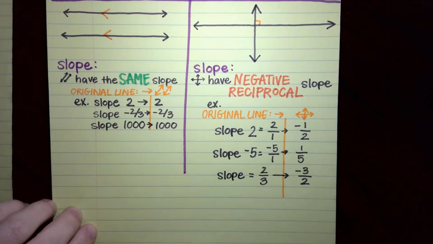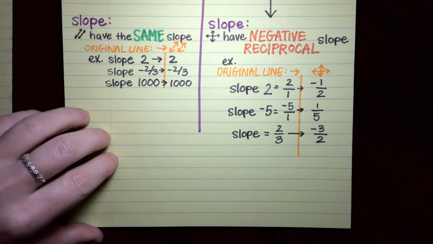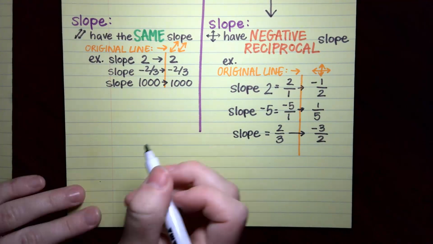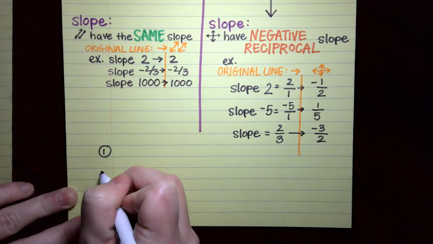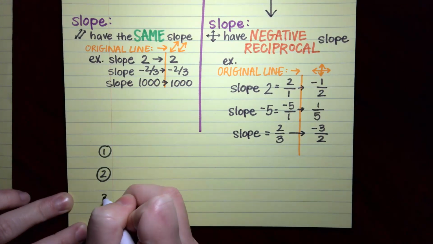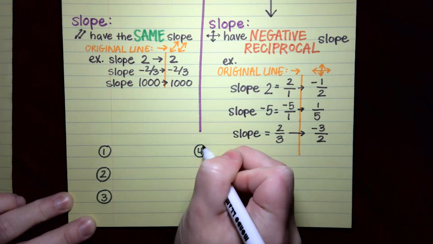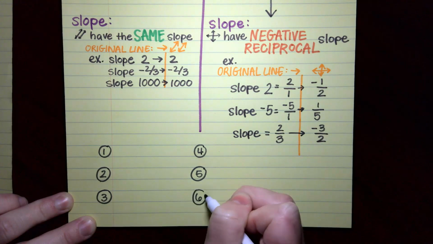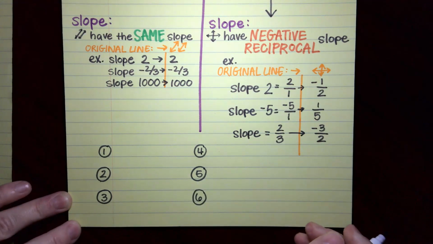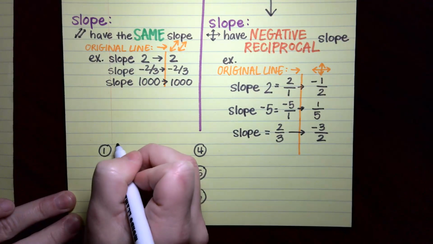So let's do a little bit of practice. I'm going to write down here six different slopes, and I want you to find the negative reciprocal of all of them. I'll give you a couple minutes.